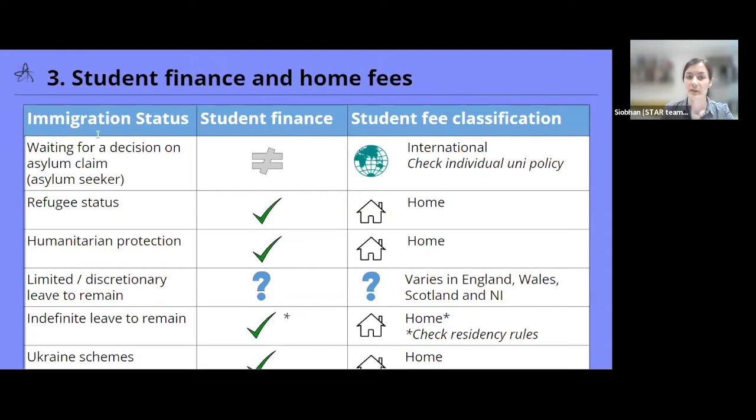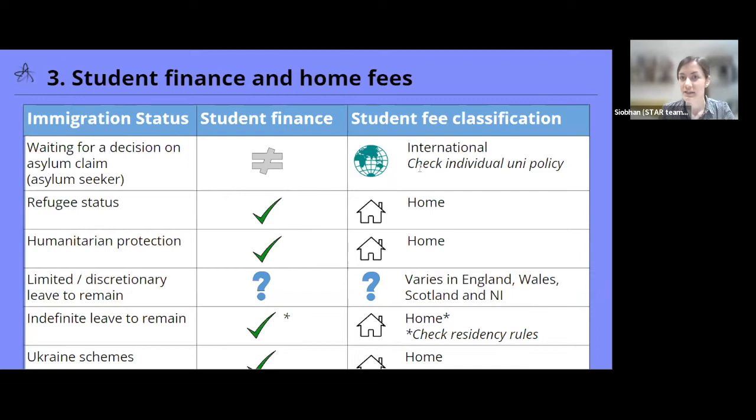But the general picture is that while you are waiting for a decision on an asylum claim, you aren't eligible for student finance, so you aren't eligible for a student loan. And you are usually classed as an international student for fees purposes, so the higher rate of fees.